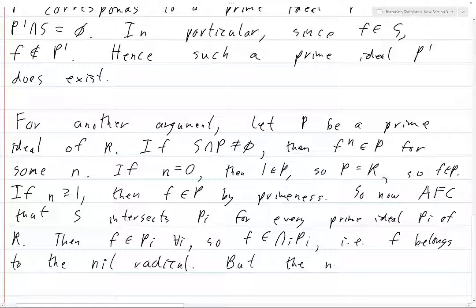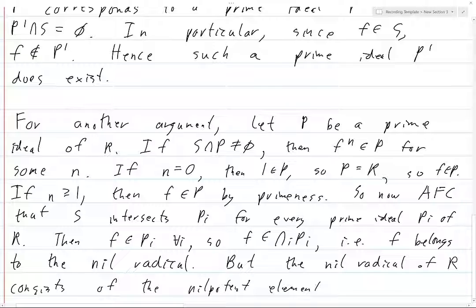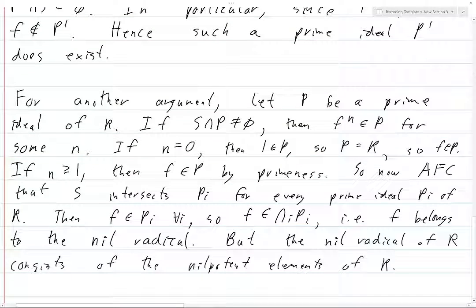The nil radical of R consists of the nilpotent elements of R. I believe the nil radical is defined to be the collection of nilpotent elements of R, i.e. the collection of elements of R such that you raise them to some power and it gives you 0.